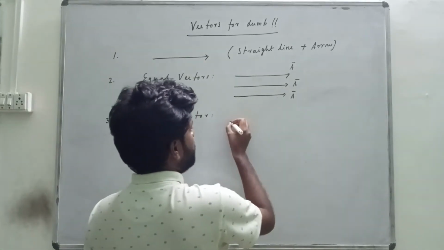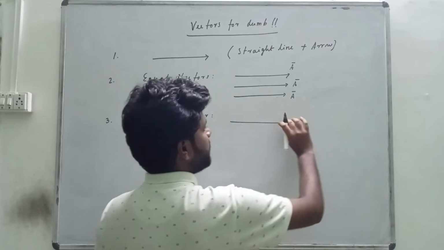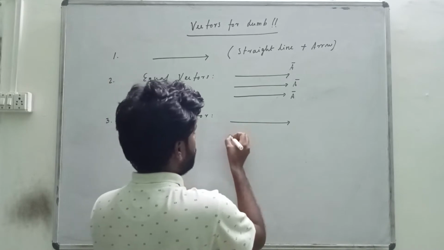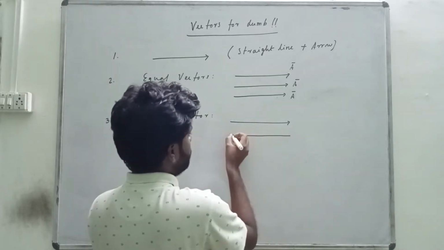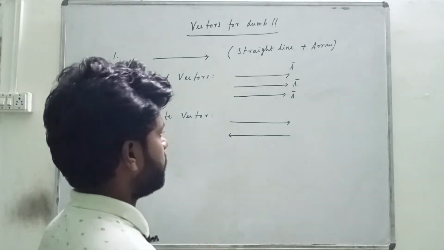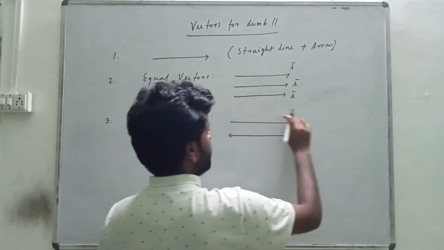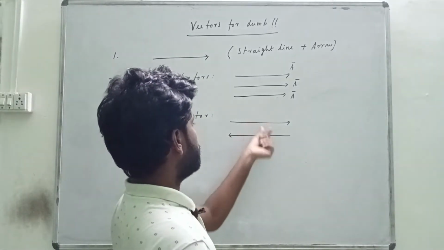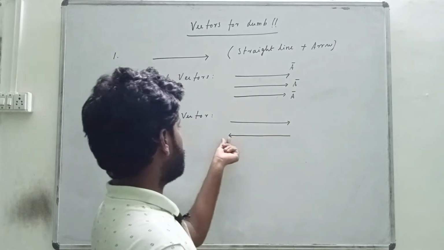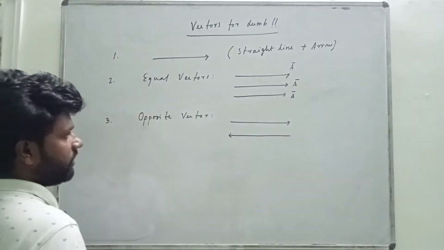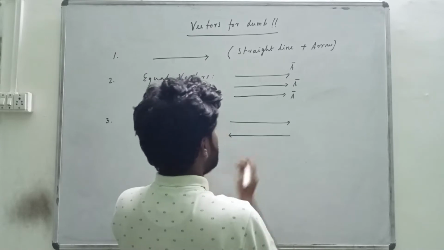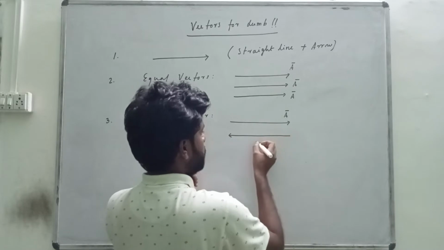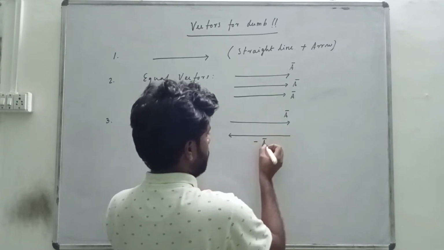If one is directed towards east, then obviously the opposite of this has the same length, but its direction will be towards west, right? But the length will be the same. So if you call it A, obviously this is actually minus A, right?